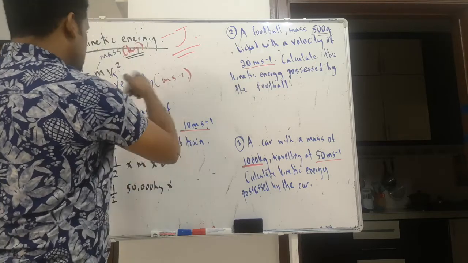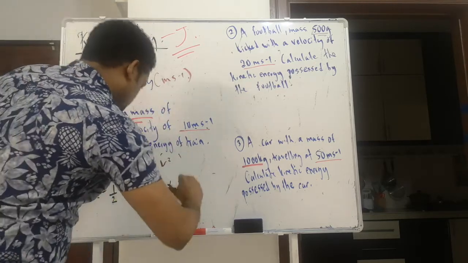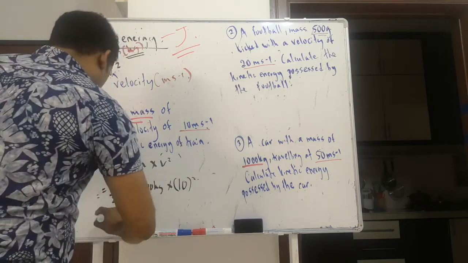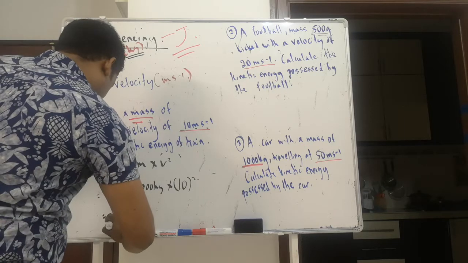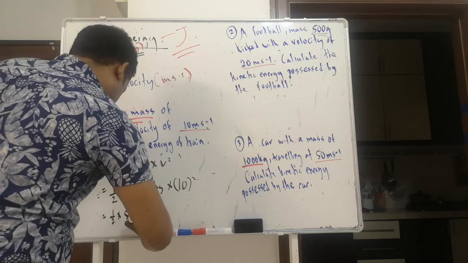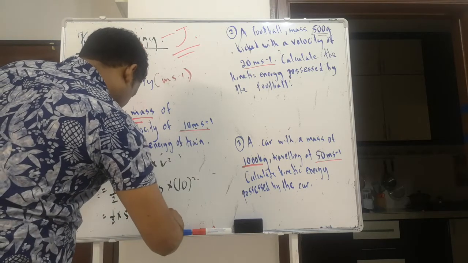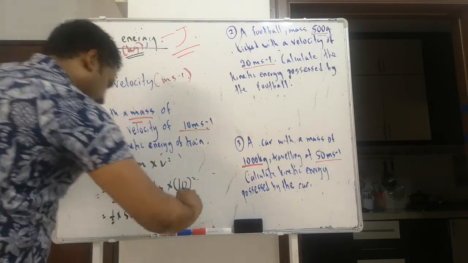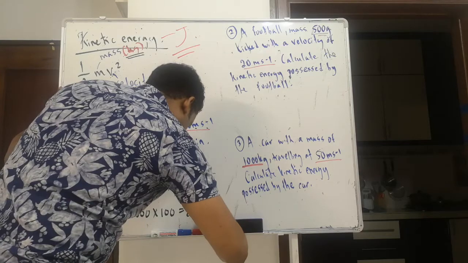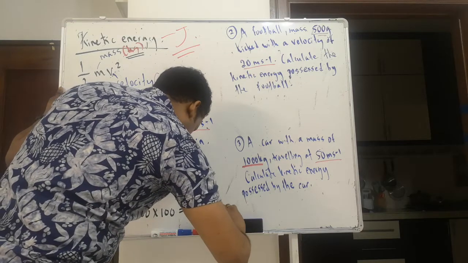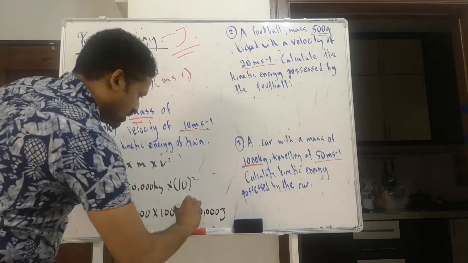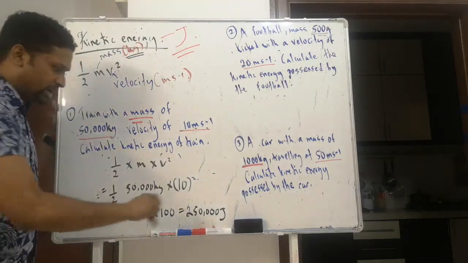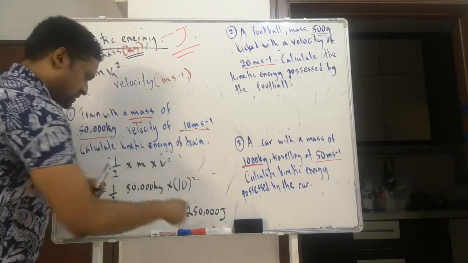Sorry, velocity squared, guys, so 10 squared. So equals half times 50,000 times 100, and you will get 250,000 joules. Use a calculator, check back and see, but you get 250,000 joules.